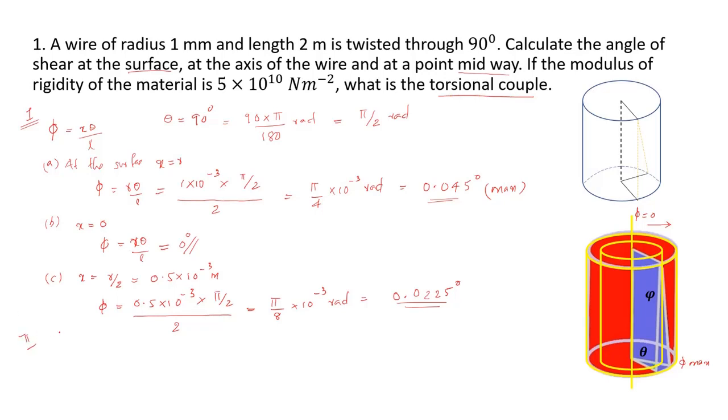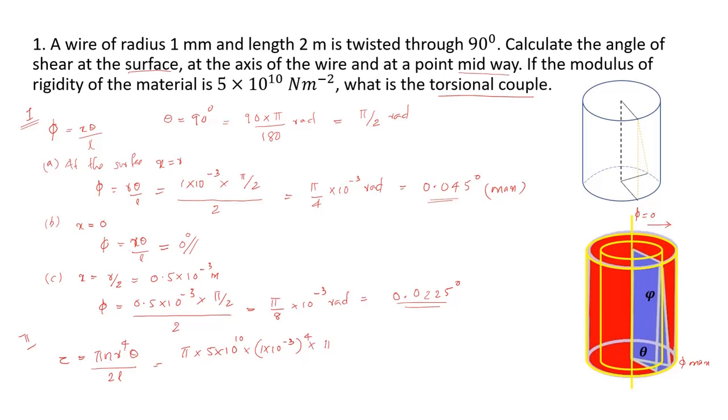The second portion of the question is asking you to find the torsional couple. So we have an equation for torsional couple. Tau is equal to pi n r to the power 4 theta divided by 2l. We have values for all these. Let's find. It is pi 3.14 into eta, that is the rigidity modulus of the material, and it's given as 5 into 10 to the power 10, all in SI unit, that is Newton per meter square. The radius is 1 into 10 to the power negative 3, 1 millimeter, whole to the power 4.